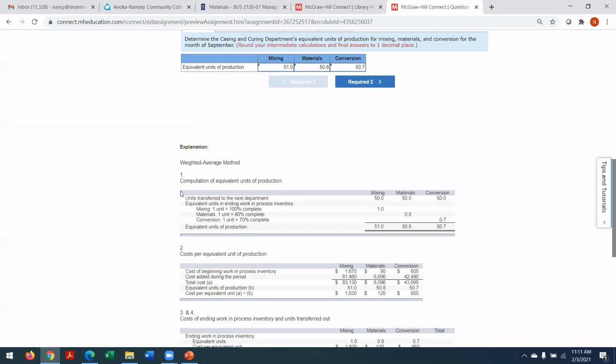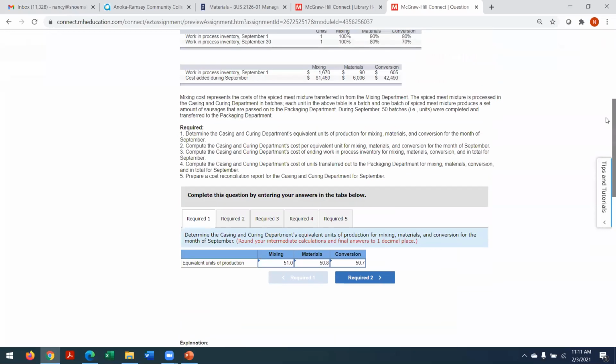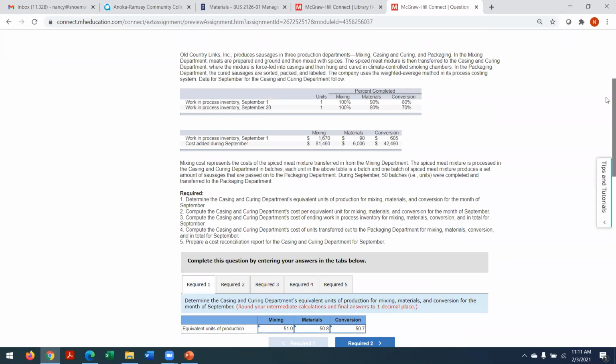But in the ending work in process, we had 1 unit. For mixing, it was completed at 100%. For materials, it was completed at 80%. And for conversion, it was completed at 70%.